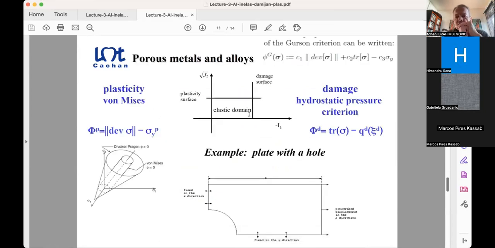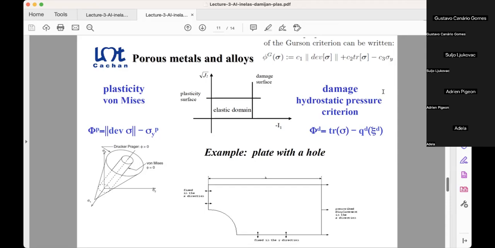We have also done it for these porous metals and alloys that I just described previously, using the Gurson criteria, which is written here. These coefficients C1, 2, and 3 come from homogenization at the finer scale. They have the deviatoric part, there's a trace part, and it is compared against sigma y.